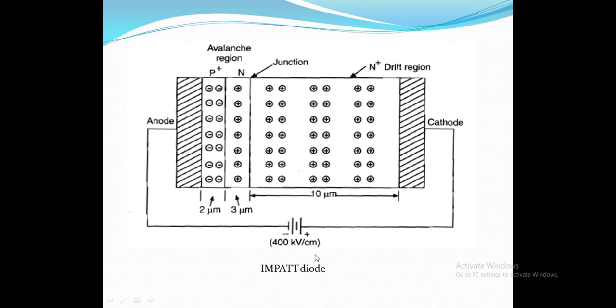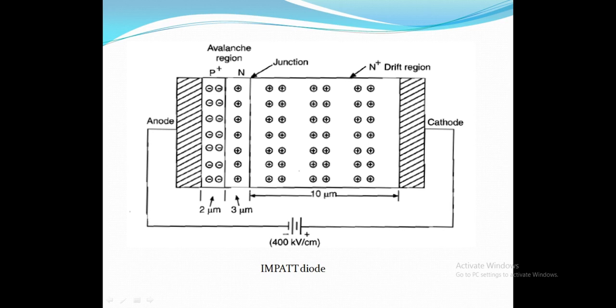A normal diode would easily break down under such conditions, but the IMPATT diode is constructed so that it can withstand these conditions repeatedly. The high potential gradient causes a flow of minority carriers across the junction.